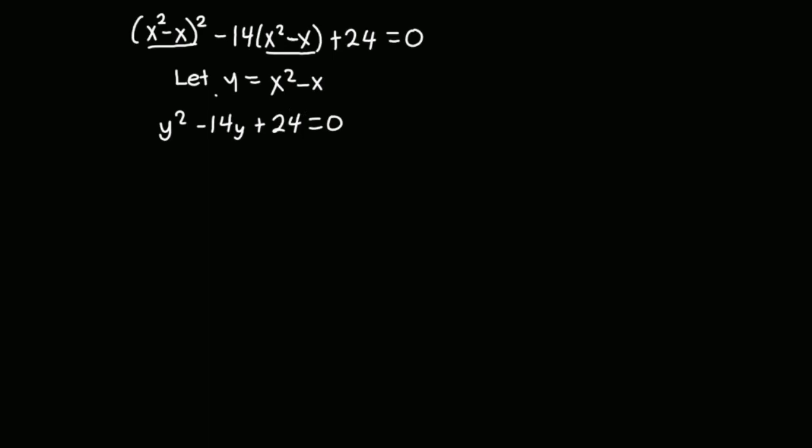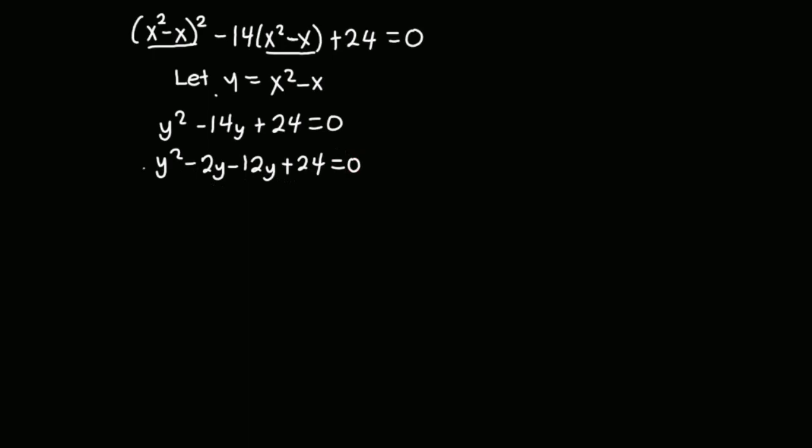Now I'm looking for two numbers that when I multiply I get 24, but when I add I get negative 14. These two values are negative 2 and negative 12.